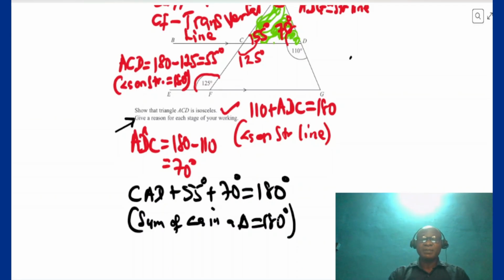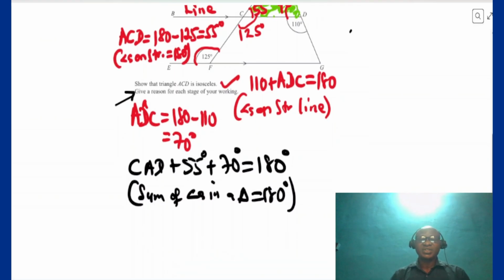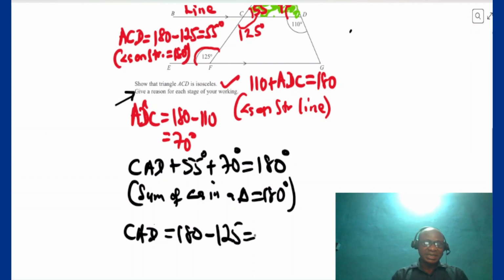Now I am going to find angle CAD. Angle CAD will be equal to 180 minus the sum of 55 and 70. And 70 plus 55 gives me 125, meaning that angle CAD is exactly 55 degrees.